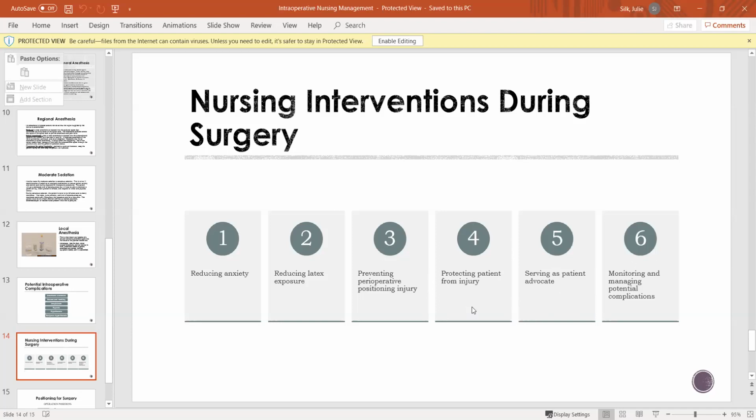So that's another protection in place for them. And then monitoring and managing potential complications is really important. All of those things we just talked about for complications, those are things we'd be watching for.